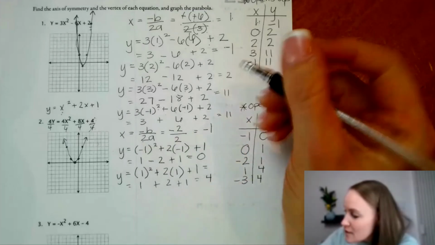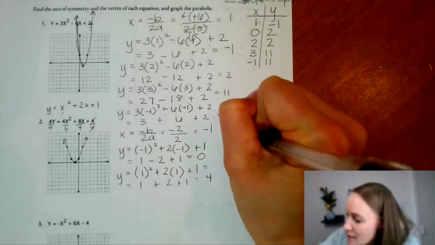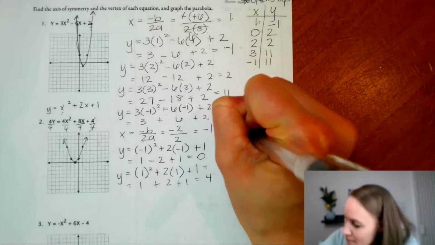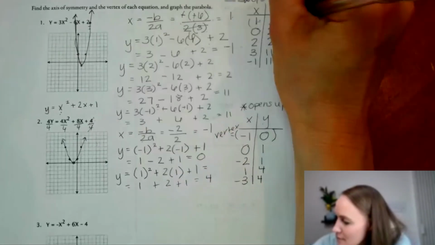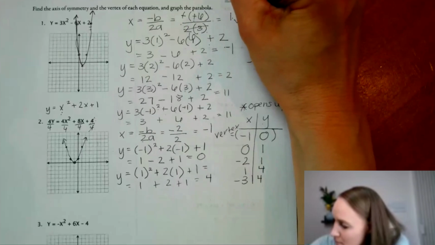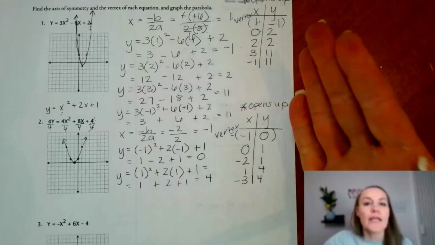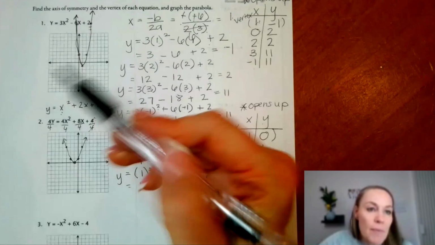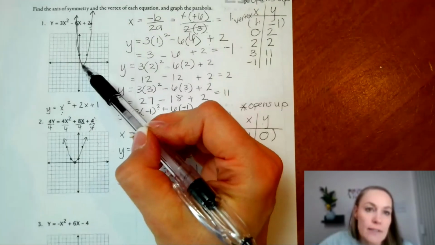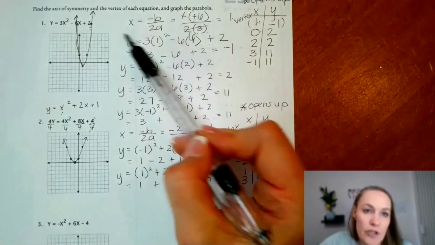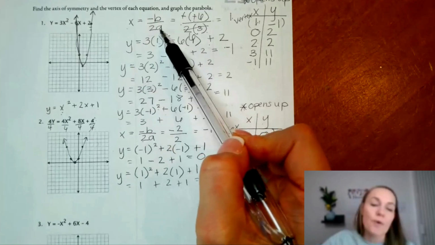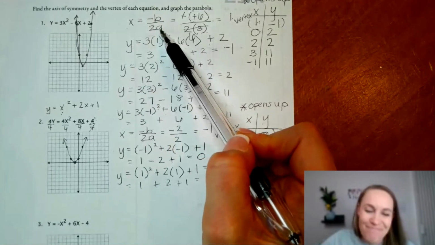So if that's the case, you can just go like this and say vertex. For me, if I were grading this math paper, them marking the vertex, and when I see this equation as well, that tells me they know that they're finding the vertex.